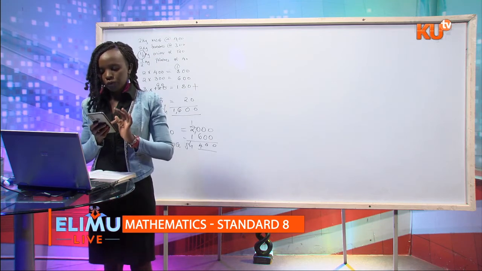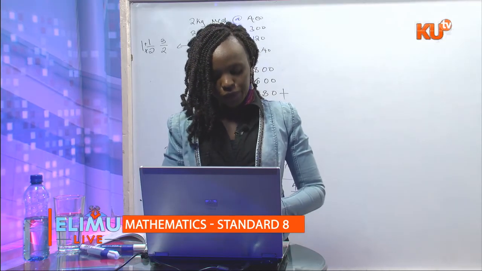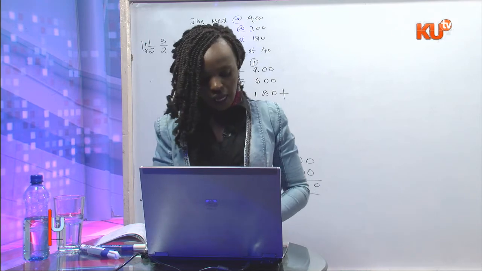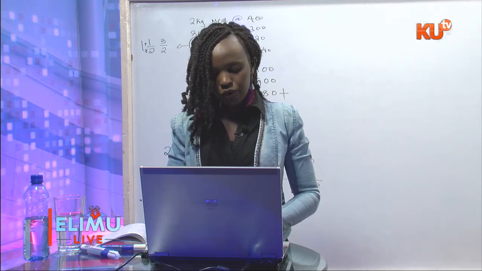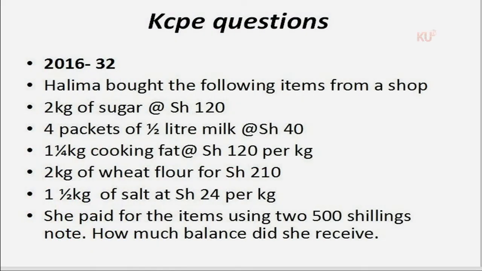Then we go to 2016, question number 32. The question reads, Halima bought the following items from a shop. 2 kgs of sugar at 120 shillings per kg. Then we have 4 packets of a half-liter milk at 40 shillings.